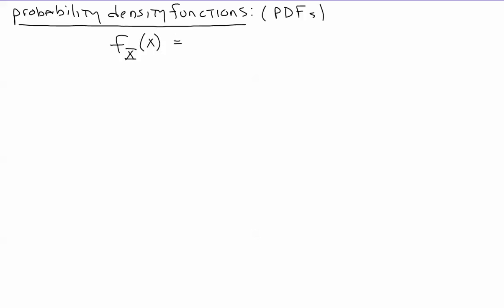And this is the first derivative of my cumulative distribution function. All right, I find the PDF by taking the first derivative of the CDF. All right, so let's talk about some of the properties.